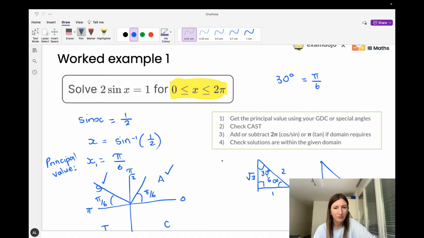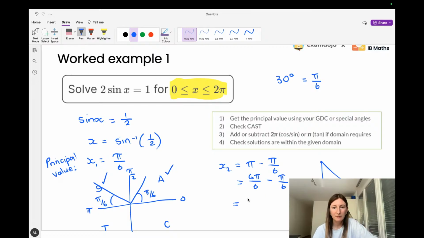So for our x2, let me just take that out so there's more space. We need to do pi minus pi over 6. So let's give that a denominator of 6 as well. So we can say that is 6 pi over 6. So they have the same denominator, and 6 pi over 6 just cancels to be pi. So nothing really has changed there.